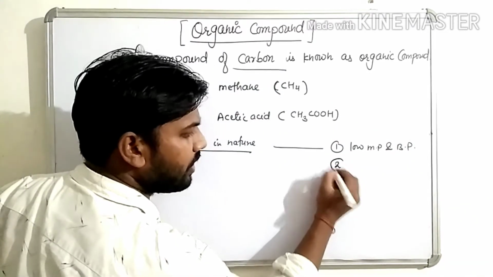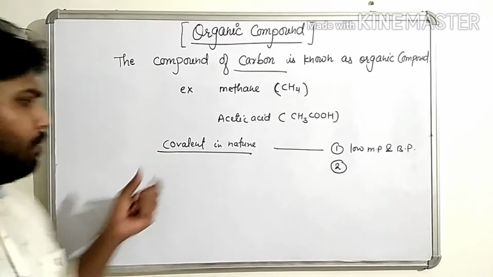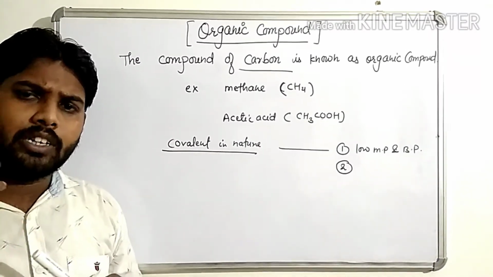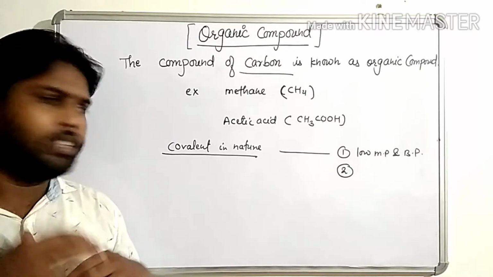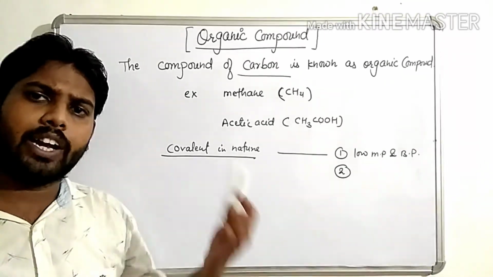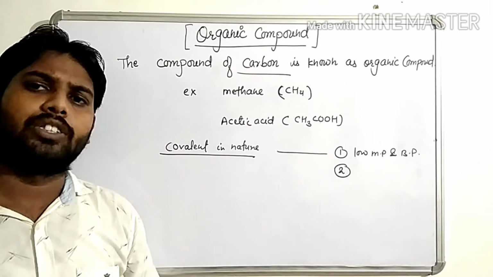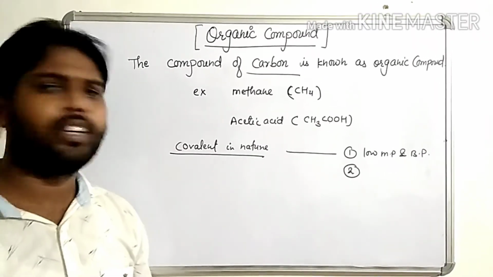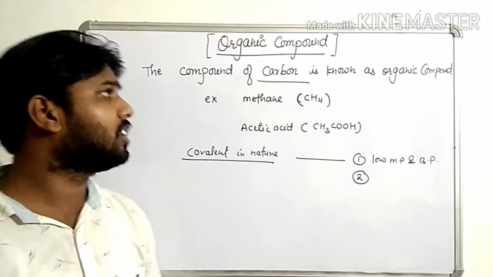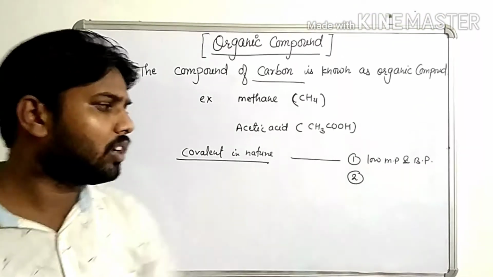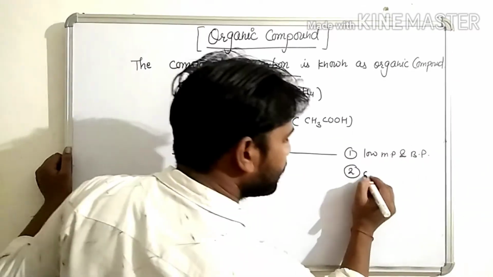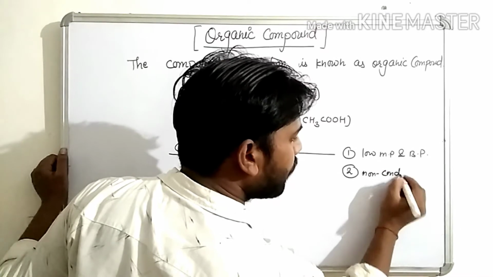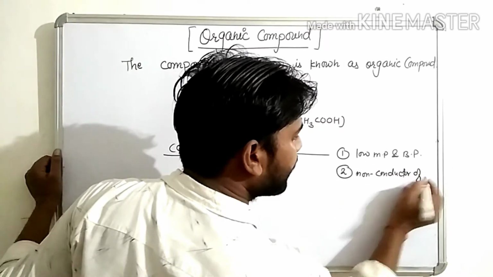Second thing is that, children, being covalent. Covalent means carbon shares its electrons with other atoms and achieves stability. So being covalent, children, all organic compounds are non-conductors of electricity.